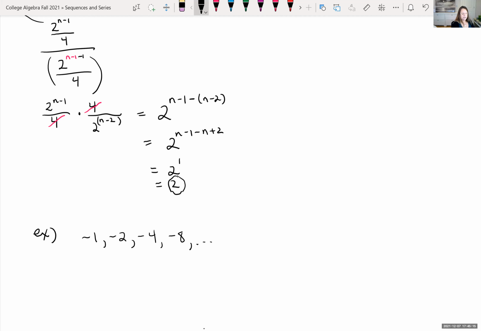Let's see if we can figure out what that formula is. So notice that it looks like 2 to the 0 power, 2 to the first power, 2 squared, 2 cubed. So to me, this looks like -1 all times 2 raised to the n minus 1 power.